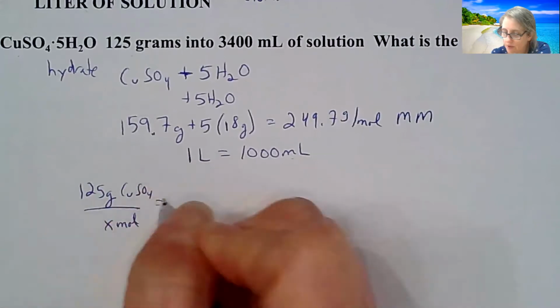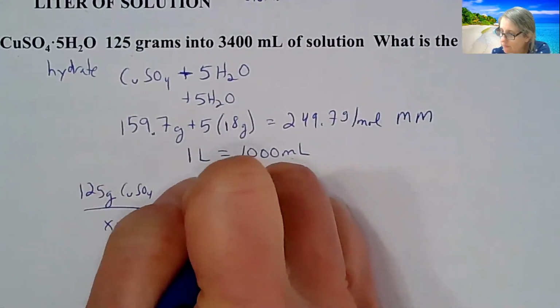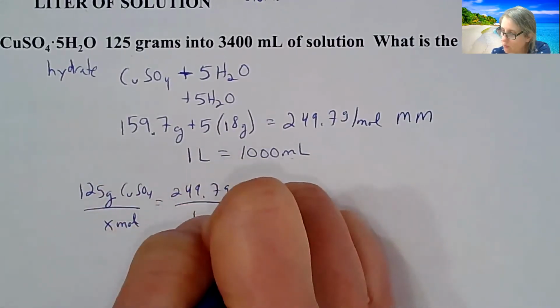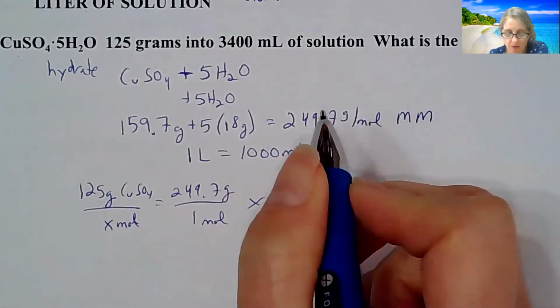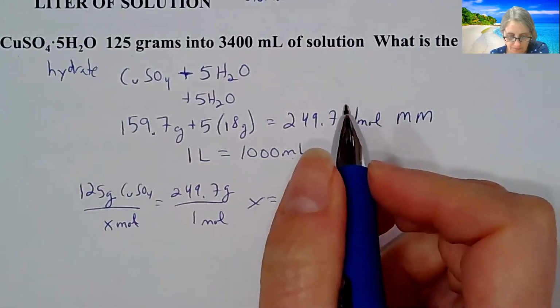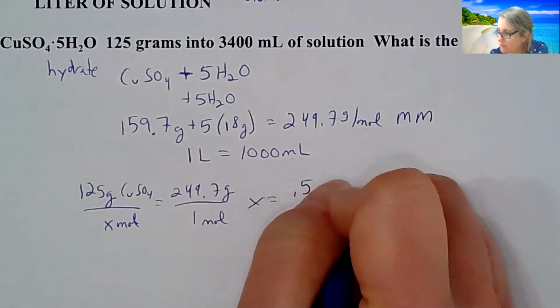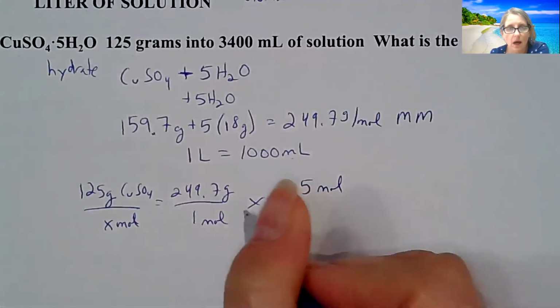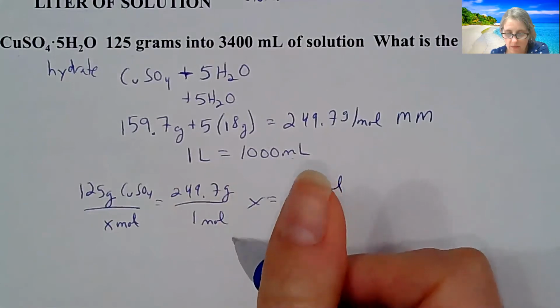Again, it's all a personal preference of how you set it up. 249.7 grams for every 1 mole. So the number of moles comes out to be about 0.5 moles, okay, when you cross multiply this out.